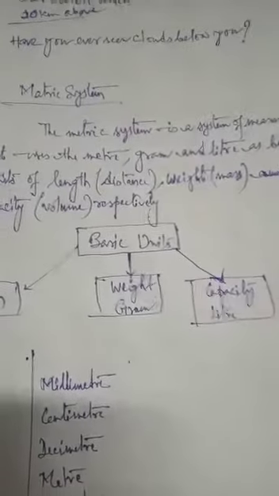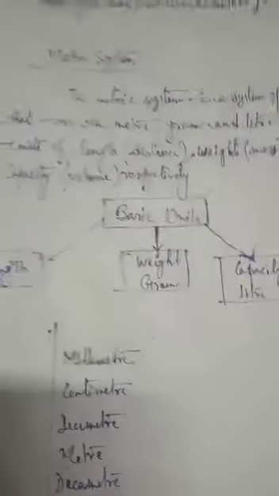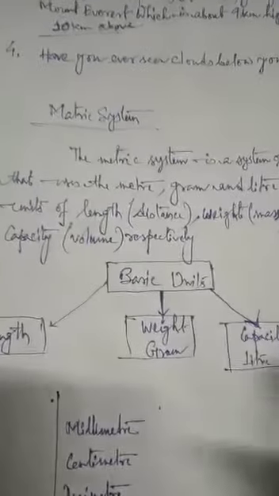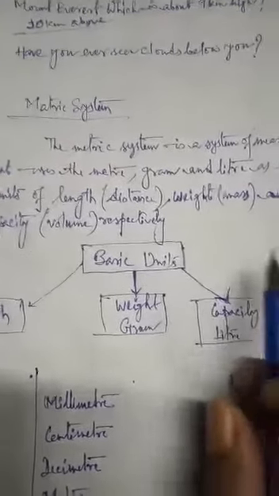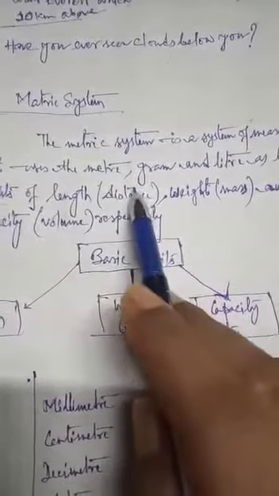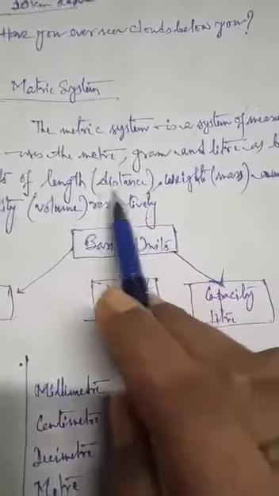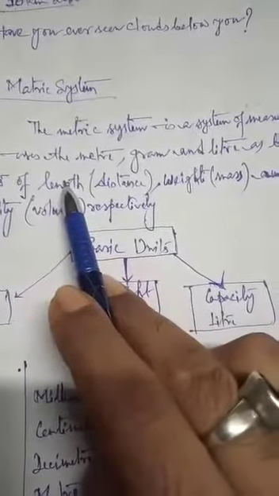When we use mathematics, we have to use some units, like meter, gram, liter. These are the units. When we measure distance, we use length, that means meter, kilometer.